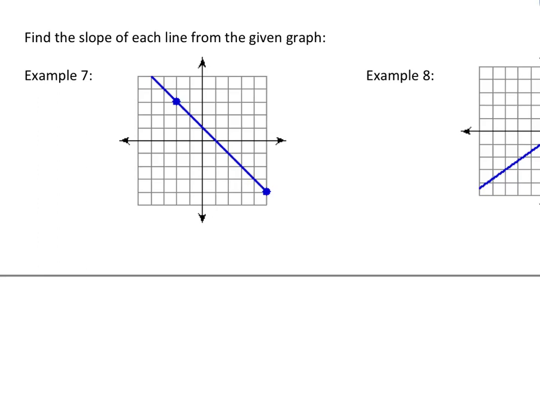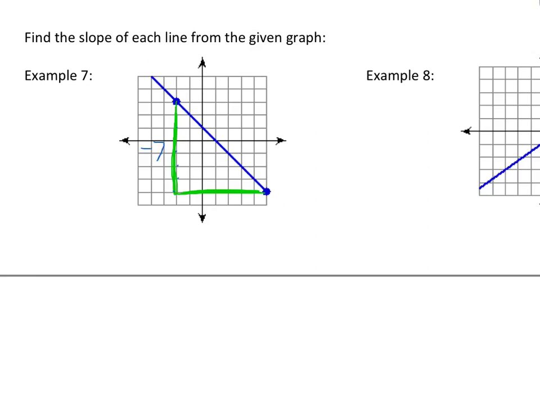Now you can also find slope from a graph. And to do so, we would find 2 points where our line goes through the crosshairs of the grid. And we'll create what's called a slope triangle. So I'm going to go from one point that we find down and then over, so I create a right triangle. And this is a slope triangle where you can easily see that the rise would be dropping 1, 2, 3, 4, 5, 6, 7, so down 7 units.